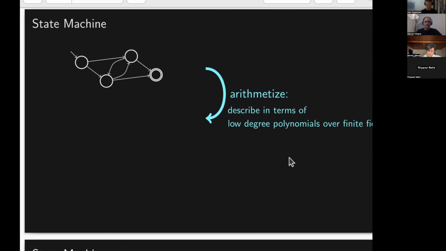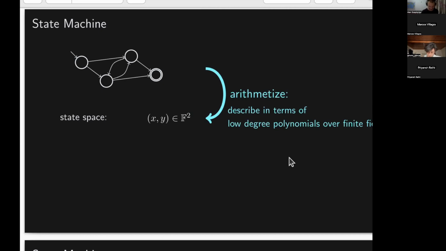And the way it works is we need to find a description of this flowchart in terms of low degree polynomials over finite fields. So we have to define where does the state live. And here's an example. You might decide that this state for this particular machine or another machine, this is not a running example, so I don't think it makes perfect sense to use this state space for that diagram, but you get the point.